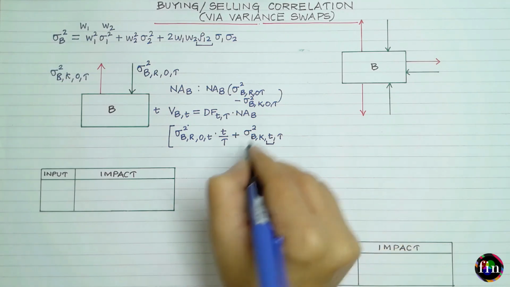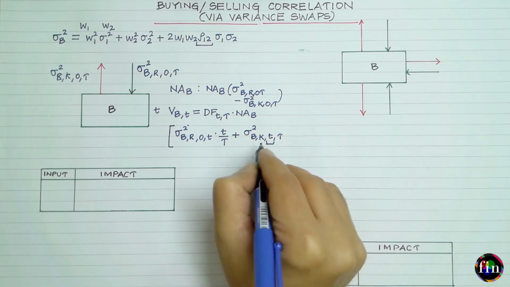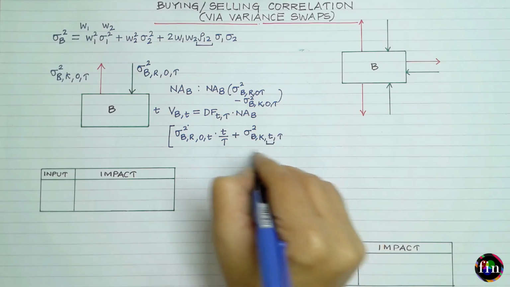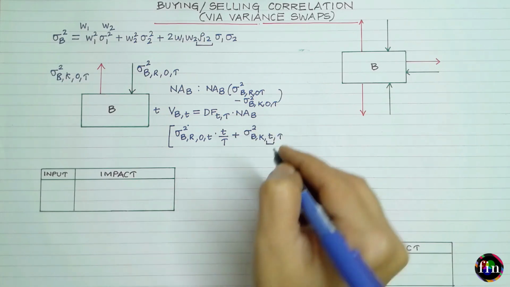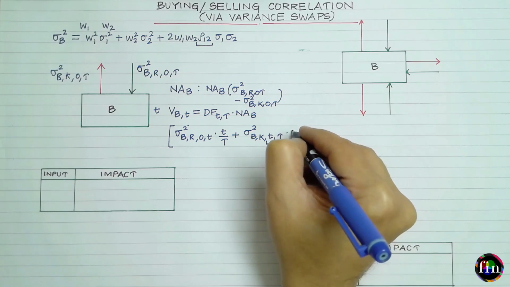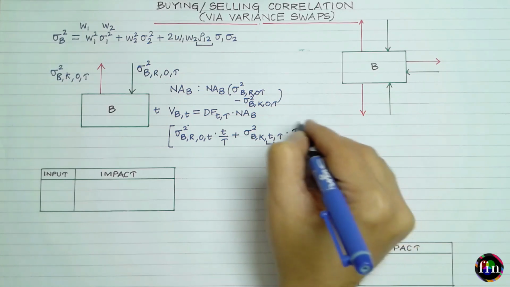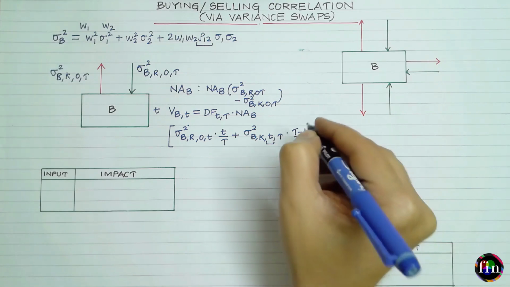If I were to go to the market and trade a fresh new variance swap for this period of lowercase t to capital T, this would be the fair variance of that new variance swap. Okay, I need to then weight it by a certain portion of the period, and that is the remaining period T minus t, divided by the whole period capital T.